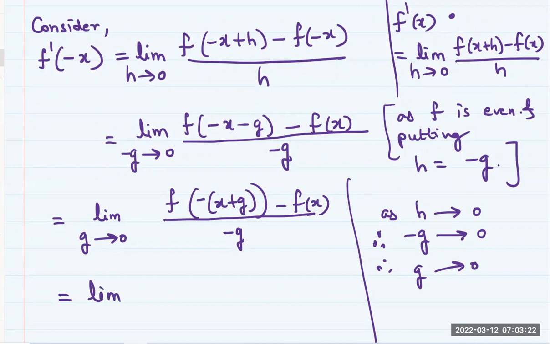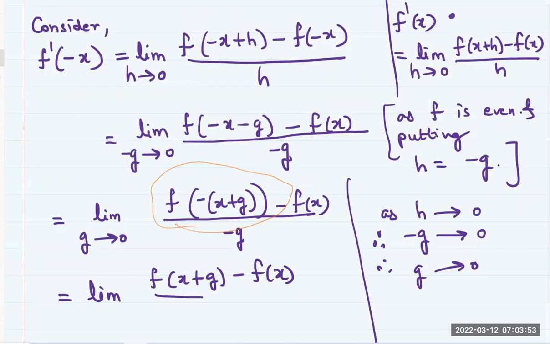Now look at this part. F of minus of something is the same as f of that something, because my f is an even function. And therefore, what I get in this circled part is f of simply x plus g. Why? Again, the same reason that f is an even function.